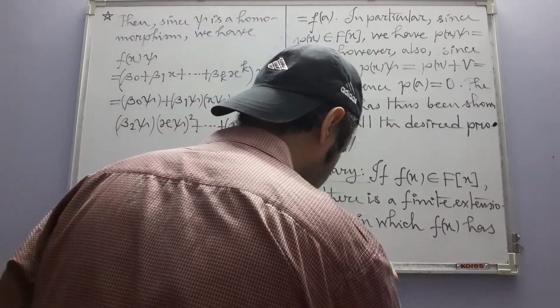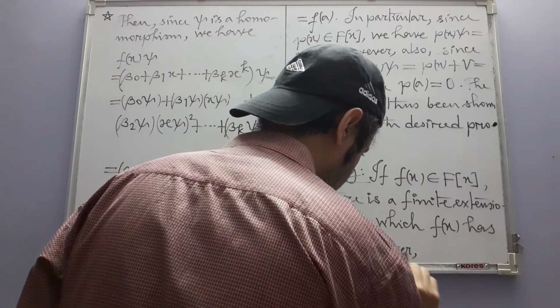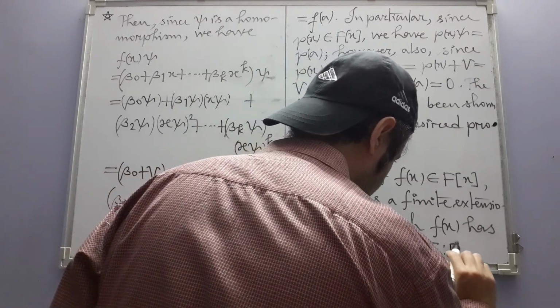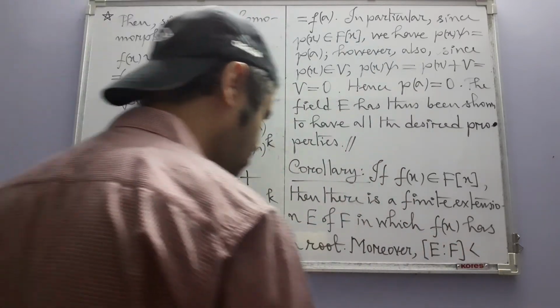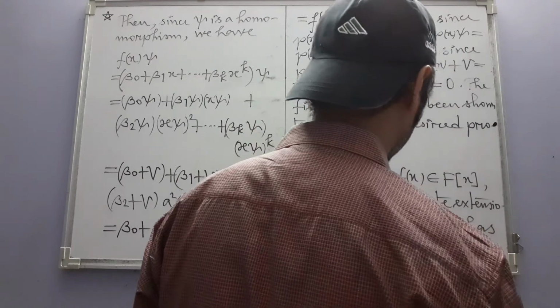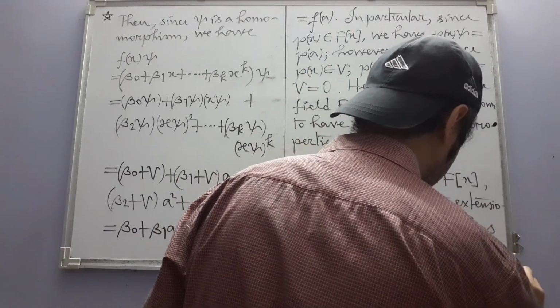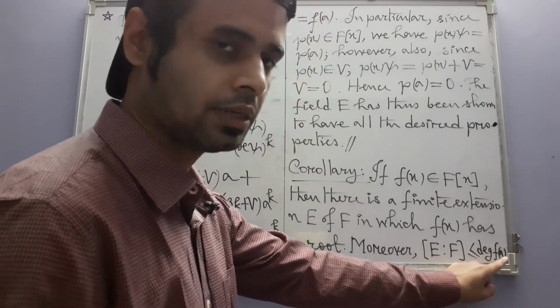Moreover, the degree of this extension is now not exactly equal to the degree of our polynomial, but less than or equal to the degree of our polynomial f of x. I hope it's visible. This is the degree of f of x.